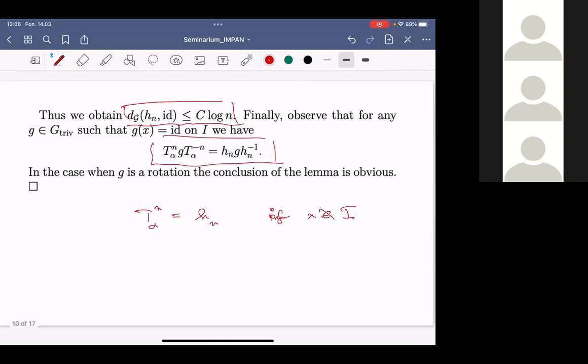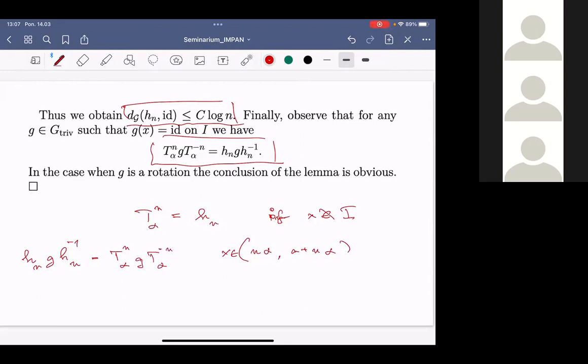Because if we take here some set from n alpha to a plus n alpha, and we take x from this set, we see that hn g hn inverse will be the same as t alpha n g t alpha minus n.